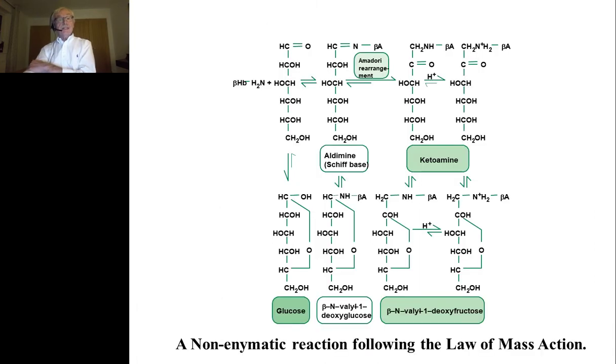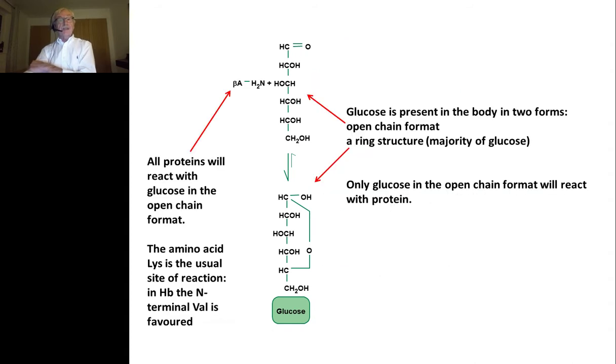Well, you may have seen some slides showing the formation of glycated hemoglobin, but it's not quite as straightforward as that. Let's go through this slowly. Glucose, as long as it's in the open chain format, will react with all proteins in the body.